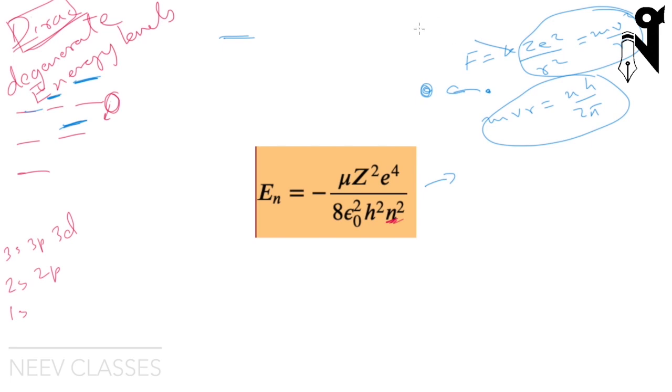Here k is 1 by 4 pi epsilon naught, and we got the total energy somewhat like minus 2 pi square m e power 4 z square divided by k square, and n square h square.